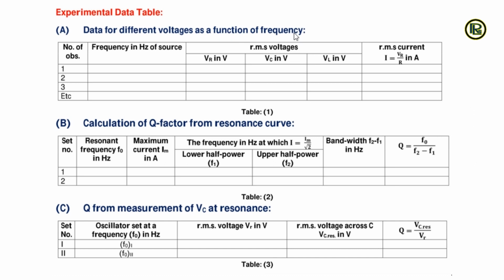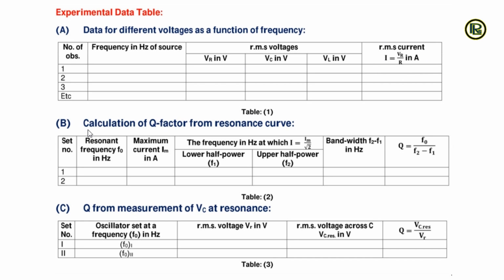Therefore, in the table I have to record the frequency in hertz of source, then I have to record the voltage, and finally we will get the RMS current of the circuit. And we can keep track of voltage across capacitor and inductor also, but this may not be needed, only VR will be sufficient. So we have to record VR, and finally we have to get the RMS current I equal to VR by R.